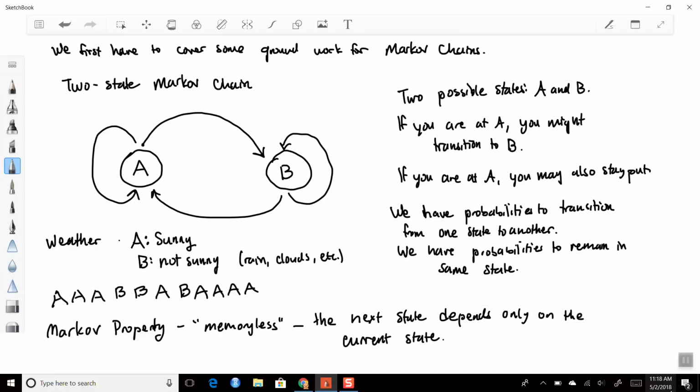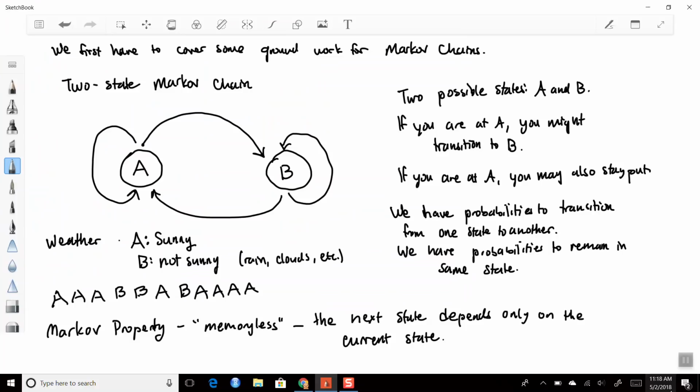So that would be an example of something memoryless, having this Markov property. Whereas other things in life maybe depend not just on the current state, but maybe the previous states.